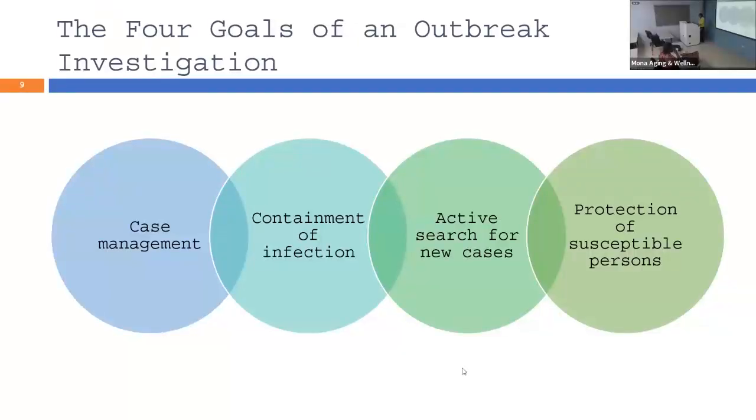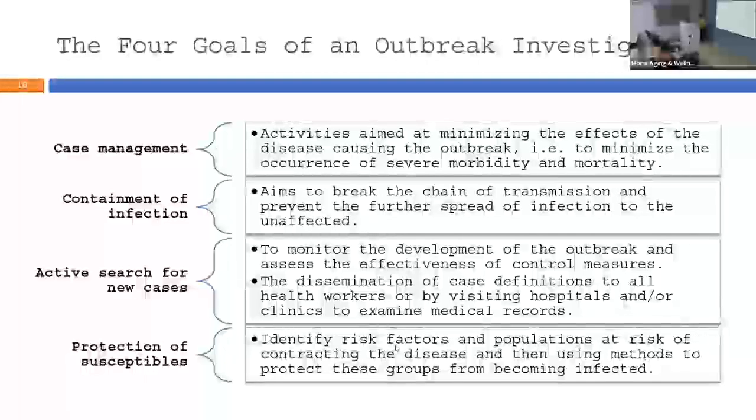Case management, containment of the infection, searching for the new cases, and protect persons who are susceptible but not yet infected. And we're going to look at them one by one. All right.